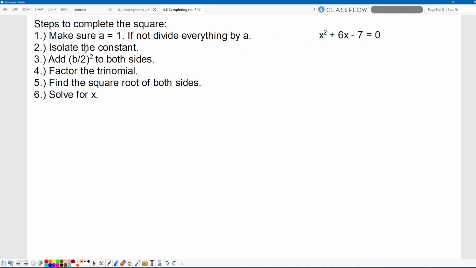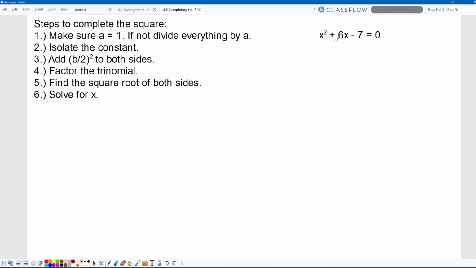After we have that, we're going to isolate the constant, which means that we're going to take the c value, we're going to move it to the other side, because odds are this c value doesn't give me a perfect square trinomial. Then I'm going to find out what constant I need. So what we were just doing on the previous slide, we're going to find that constant, we're going to add it to both sides of the equation. Then I'm going to factor the trinomial. You'll take the square root of both sides, and then we'll finally solve for x.